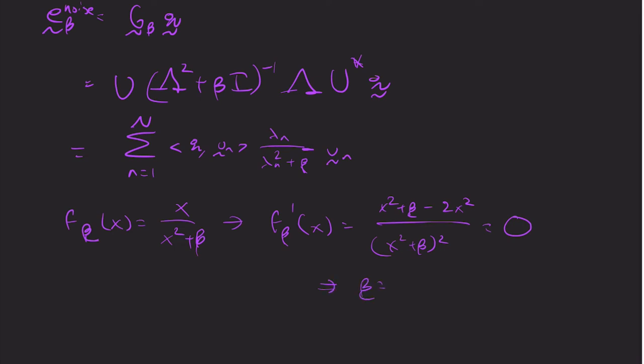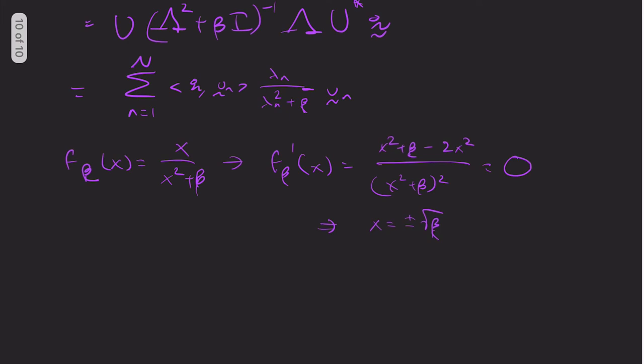That implies that f is minimized or maximized at x equals plus or minus the square root of beta. And so that tells us that the absolute value of f beta is less than or equal to, because this will be symmetric, the square root of beta over beta plus beta, which is 1 over 2 radical beta.